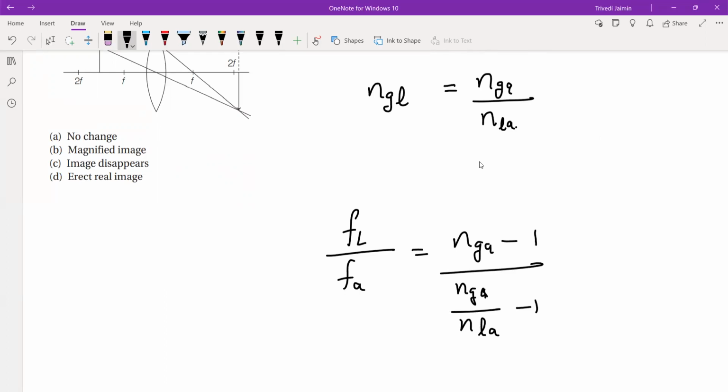Some standard values: n_GA is 3/2, n_LA is 4/3.